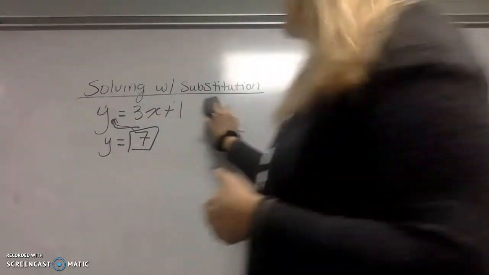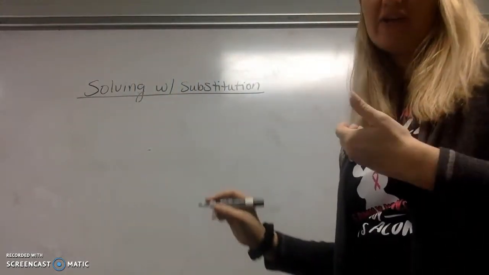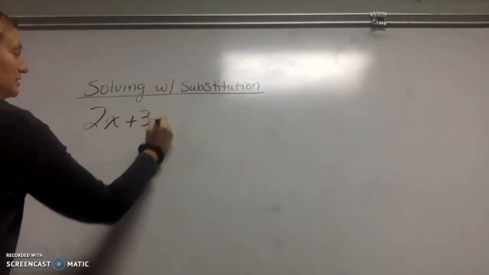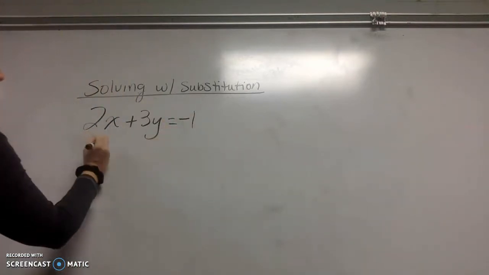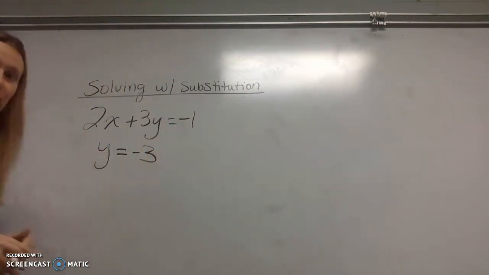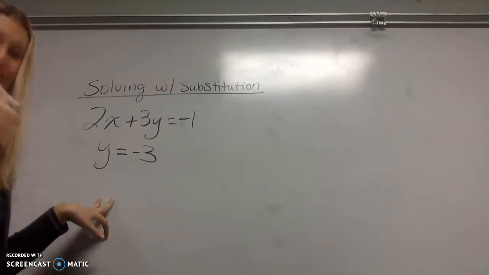There is another kind of substitution. So instead of a y equals equation, if I give you 2x plus 3y equals -1, and I tell you that y equals -3. So we are back to me giving you the y, and we just have to find the x.